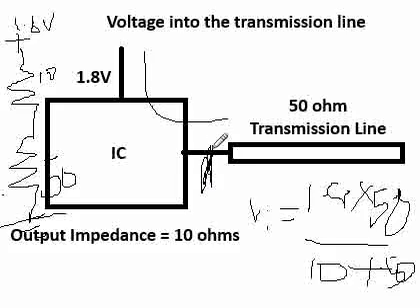So generally, for us, when we think of a scenario where we give 1.8 volt from an IC, we assume that on the transmission line, or on the PCB trace, it will also be 1.8 volt, right?